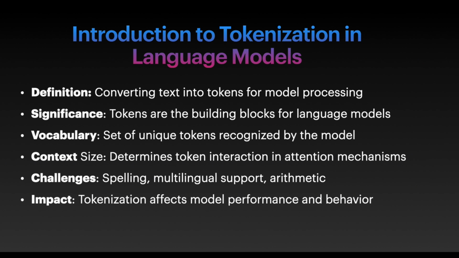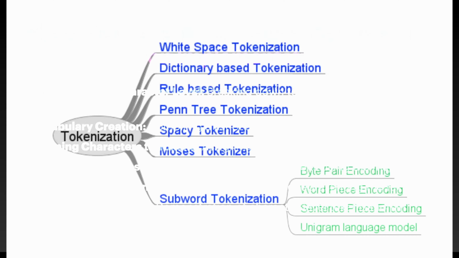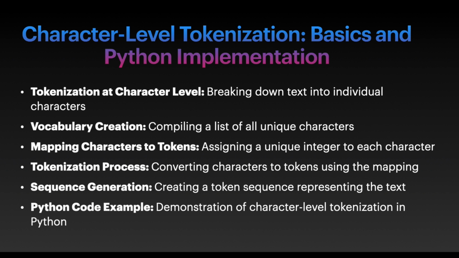Moving to our second slide, we delve into the basics of character-level tokenization and how it's implemented using Python. The building blocks of text. Character-level tokenization treats each letter, number, punctuation mark, and even spaces as individual tokens. This approach lets language models learn the fundamental structure of language from the ground up.